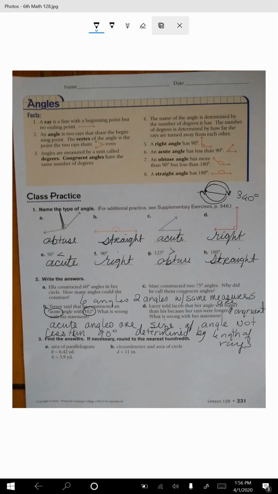Find the answers, if necessary, round to the nearest hundredth. So if they go more than two places after the decimal, we'll round them up. What's the area of the parallelogram? Remember, area is base times height. So we're going to do 6.42 times 3.9. And I'll do this with you. 2 times 9, 18, plus... If I go too fast, just pause me.